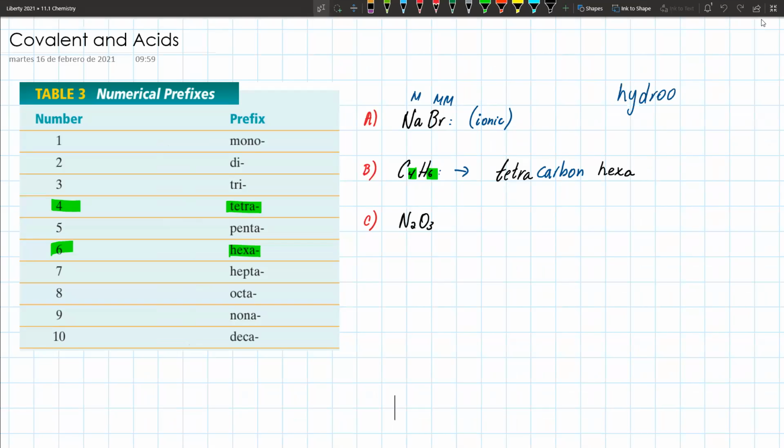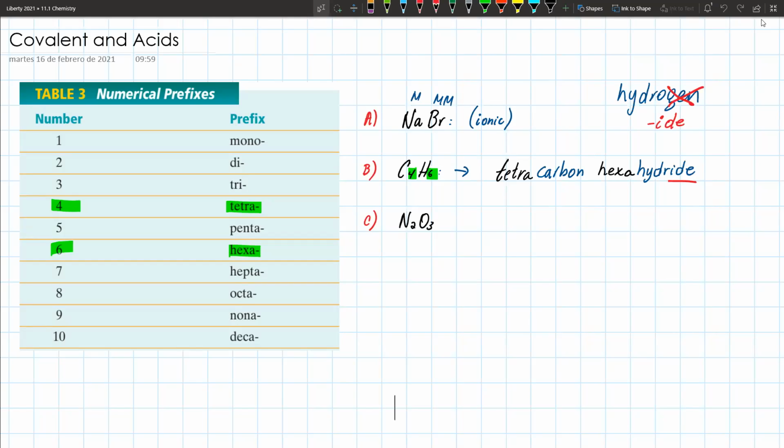Hydrogen: get rid of the end and add the suffix I, D, E. All the binary compounds, binary meaning 2 elements, end in IDE. Tetracarbon hexahydride.